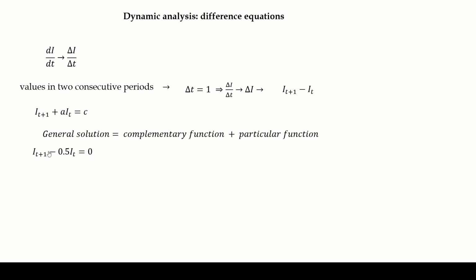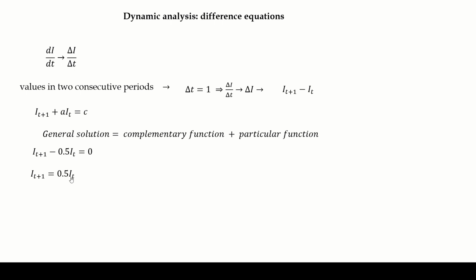If it is possible to write I of t as some form of a constant or an initial condition, then we can use that solution. So let's see what would happen at t equals 1. Again, we are using an example of this difference equation where we are given I of t plus 1 minus 0.5 I of t equals 0.